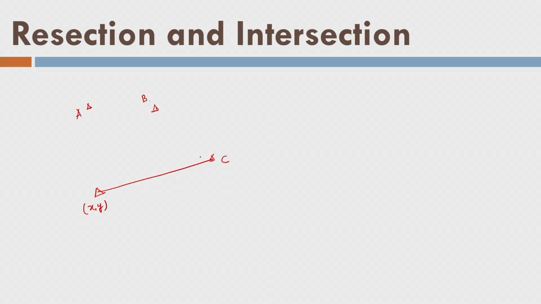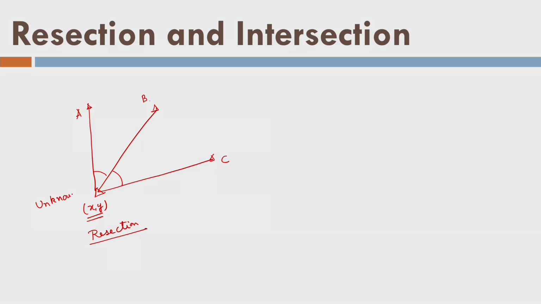I can measure these distances and these angles also. By these 5 measurements I can find the position xy, and this process is called resection. That means I am determining the unknown control point by observing from the unknown control point to the known control points.